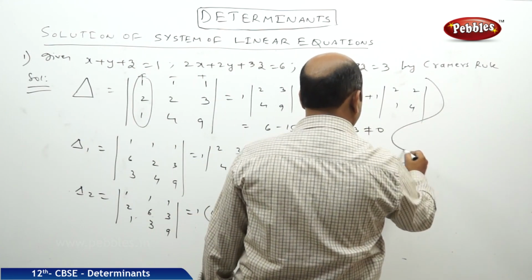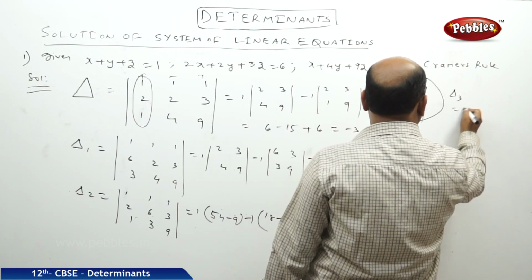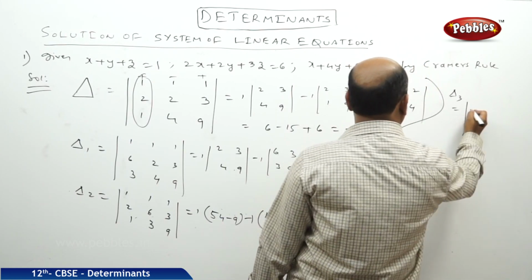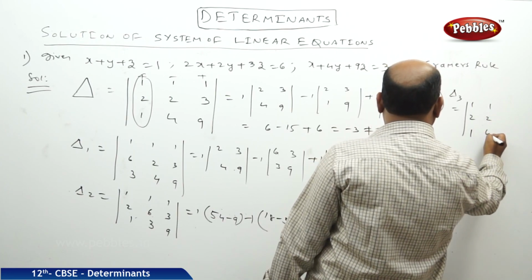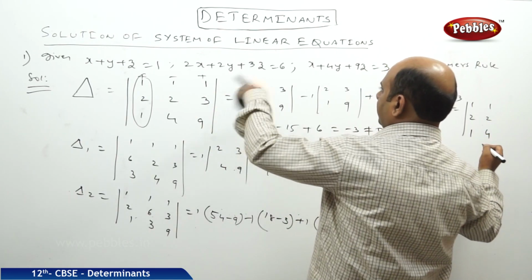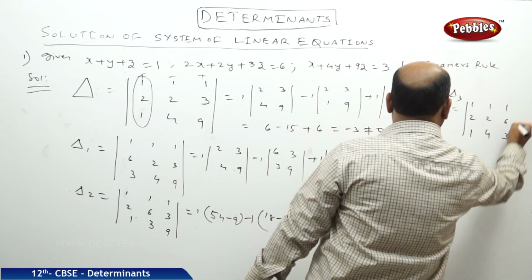Similarly I want to find delta 3. Delta 3 is the determinant of 1, 2, 1, 1, 2, 4, and the last column should be substituted by 1, 6, 3.